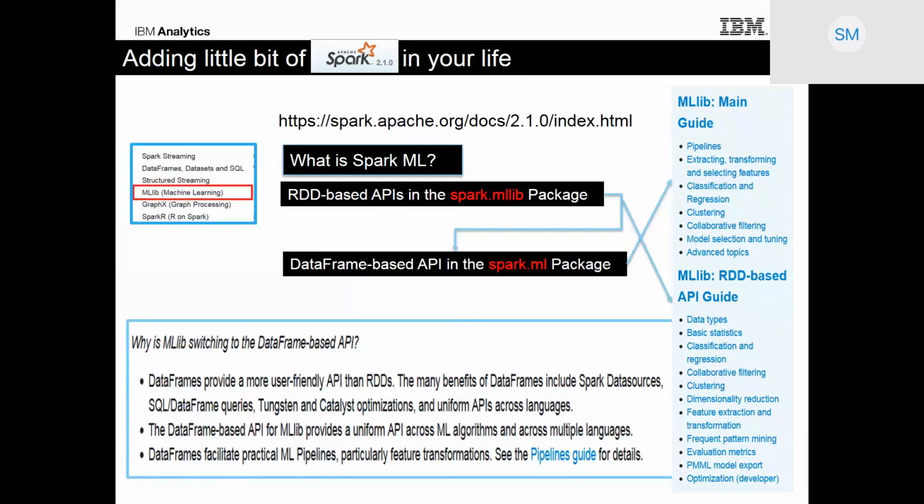So it is not uniform all across. So it brings some kind of uniformity across the different open source languages. If you are using the Spark.ml package, which is based on the data frame, all of those APIs that you call, writing the programs in any of these languages, are uniform all across.